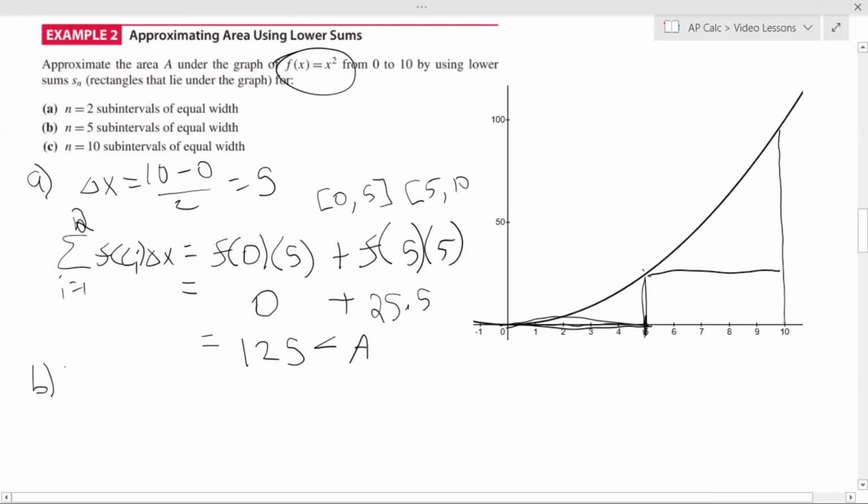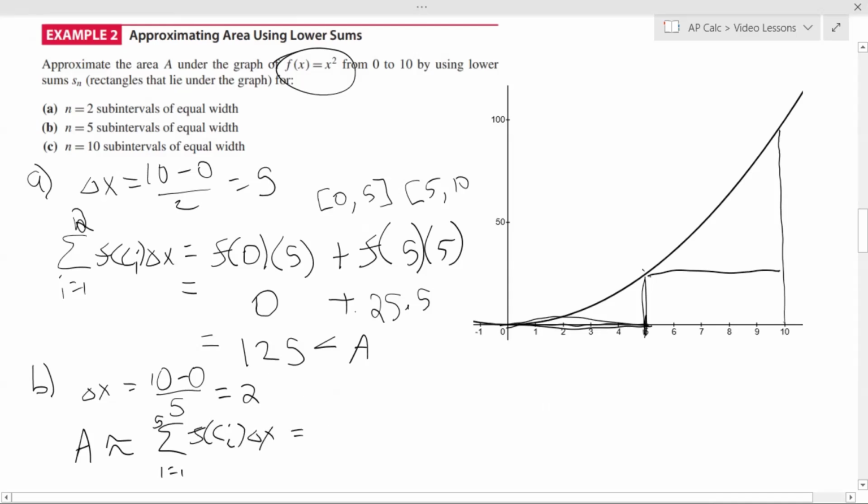Now B, if I do it with 5 subintervals, some things are going to change. I would have 10 minus 0 over 5, which gives me 2. So now I'm going to partition this into 5 intervals, each being 2 units wide. So the area is approximately the sum, i equals 1 to 5 of f of ci delta x.